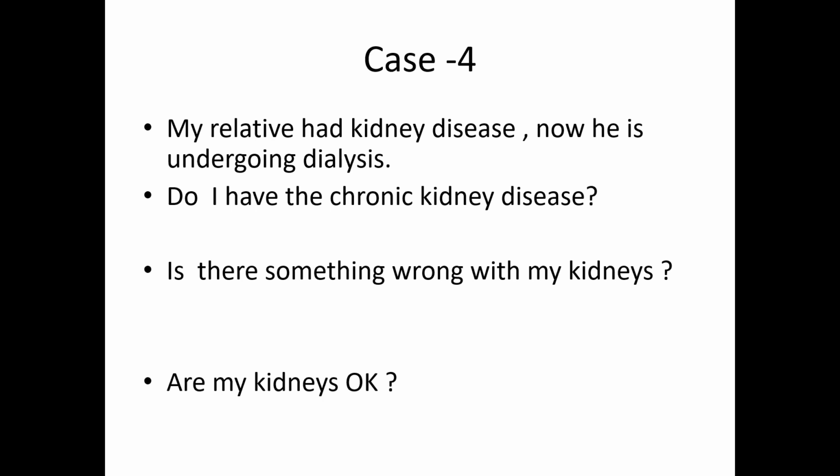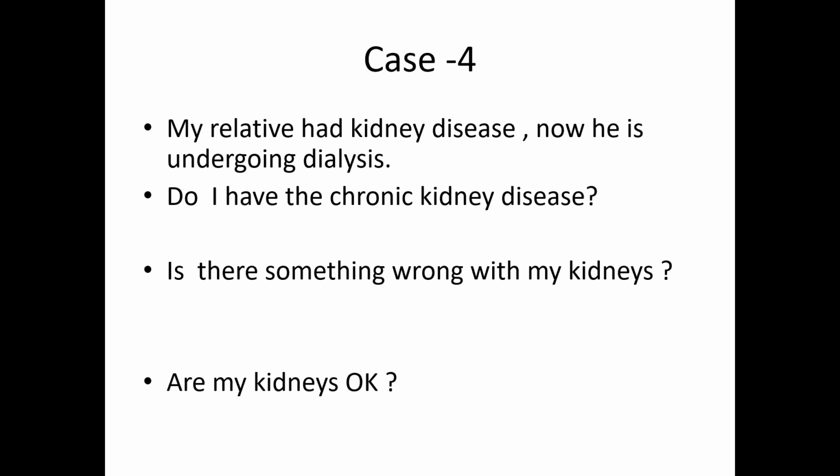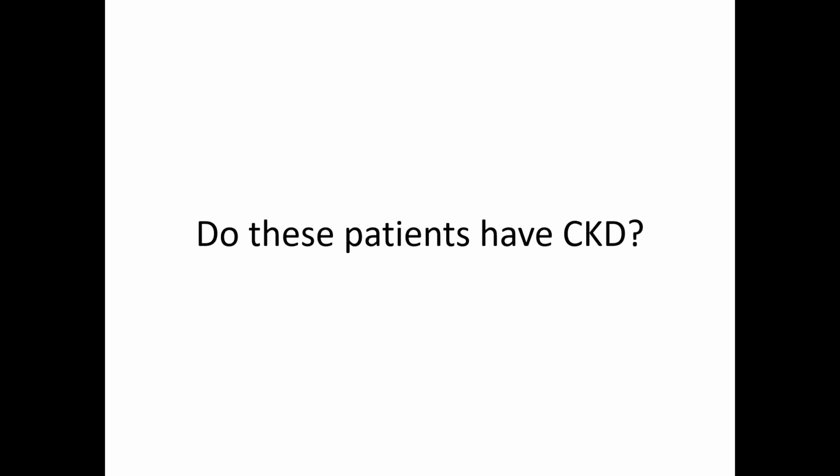And these are the 4 cases. One patient had increased blood pressure. The second patient had a high blood sugar level. The third patient just had a cyst in the kidneys. And the 4th person just came for a consultation. So, do these patients have chronic kidney disease?